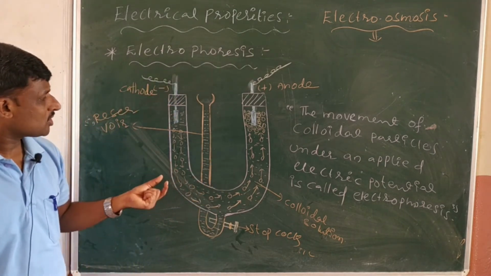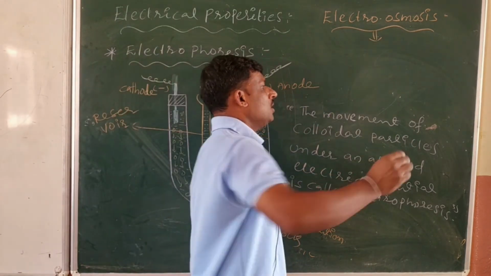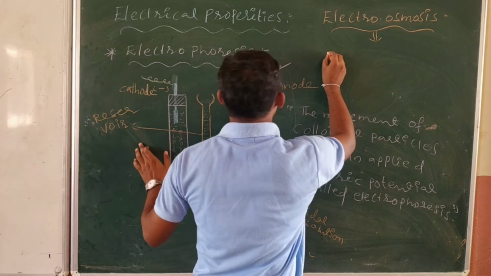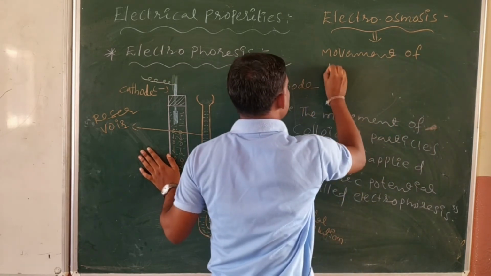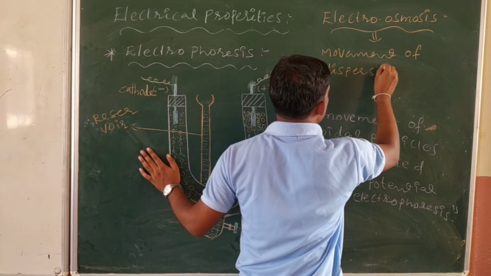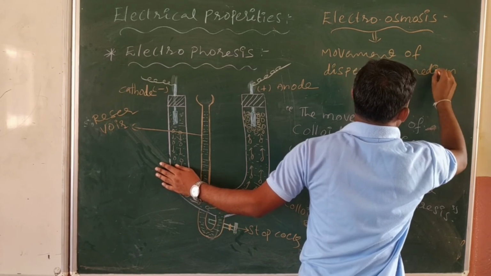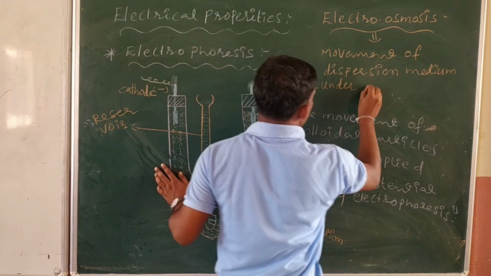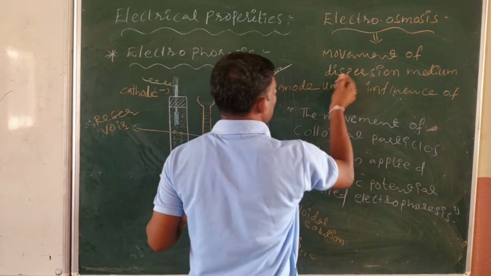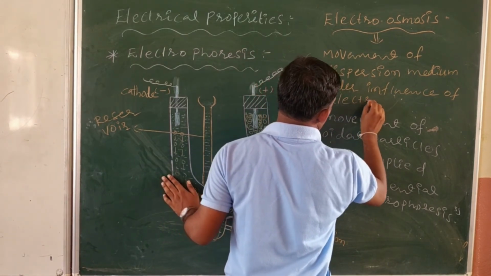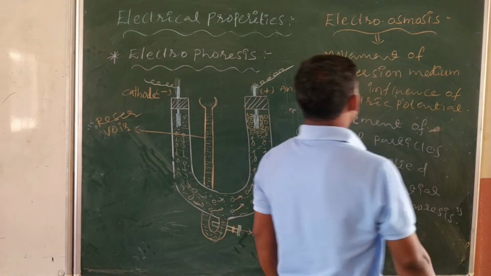Electroosmosis is the movement of the dispersion medium under the influence of an electric potential.